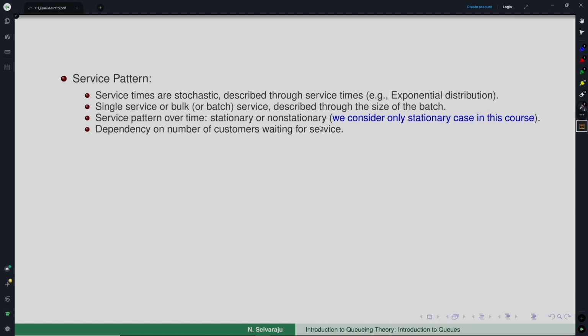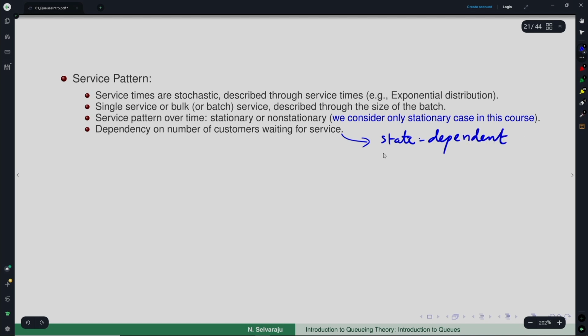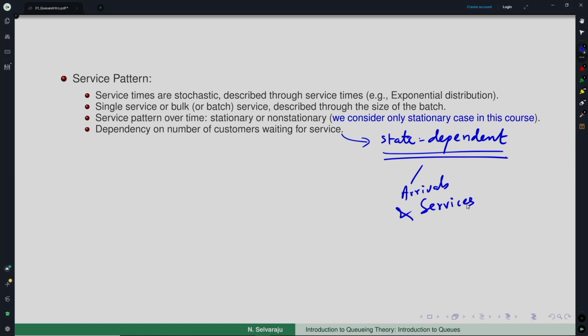Okay. Now, as opposed to that, there could also be dependency on the number of customers waiting for service, right. Typically these are all called state dependent. Again, for the arrivals and services, okay, for both it could be state dependent, right, as we said, state means the state of the process or the state of the system.